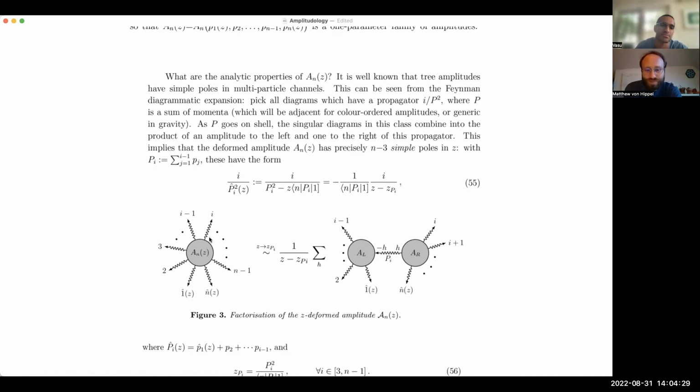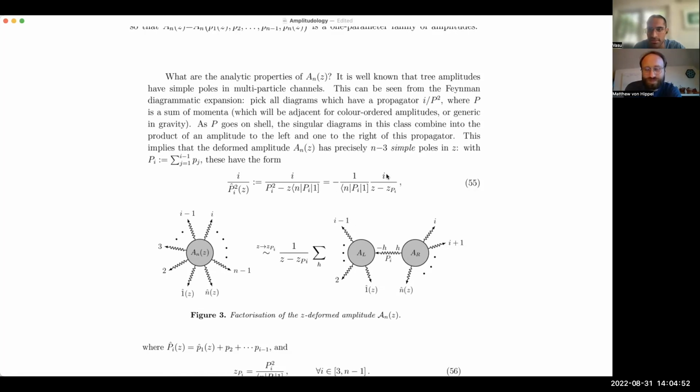Given that P separates these two sub-amplitudes, there's the one momentum, which is the sum of all of these, called P_I. Then there are the two neighboring momenta in the cyclic order, 1 and n.